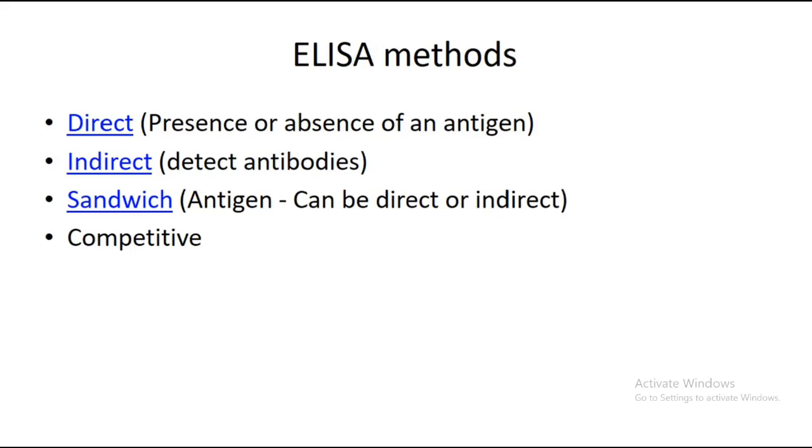For instance, if you have produced an antibody against HIV, an indirect ELISA would be used to measure how much of that antibody you have produced. A sandwich ELISA is used to detect antigen, generally speaking. It can be direct or indirect, and we'll cover that. And lastly, you can have a competitive ELISA.